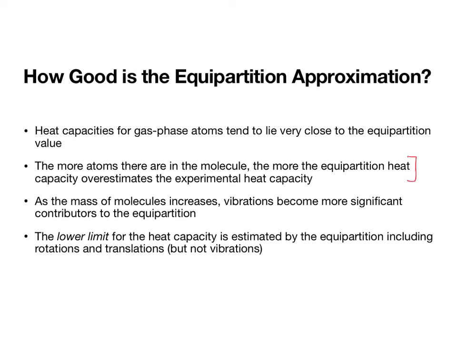Okay, so let's talk about this one especially. The more atoms that there are in the molecule, the more that equipartition overestimates. Well, it turns out that this is really a result of adding some vibrational degrees of freedom.